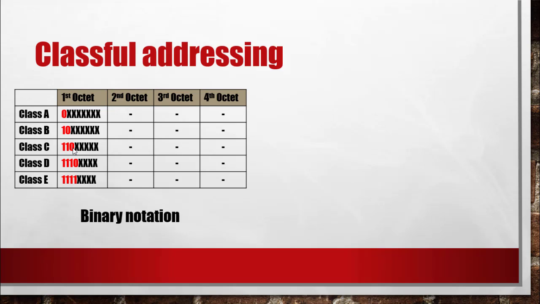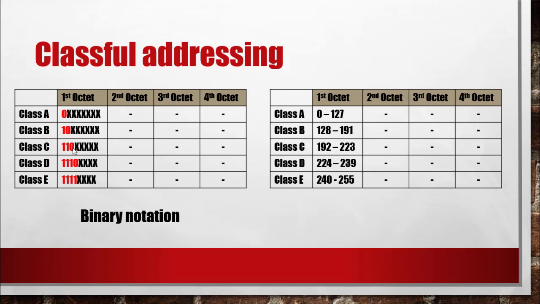Now let's see how you can identify these classes if you are given the IP address in dotted decimal notation. In class A, the decimal value of the first octet should be between 0 and 127.